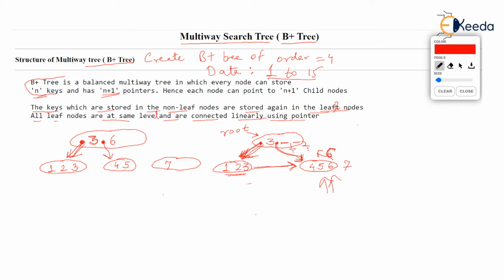Note all values greater than 3 but less than 6 are headed by this pointer. And finally, the right pointer of 6 will point to the node storing 7, which is larger than 6. Still one key is vacant here, so the right pointer of that key will be null.